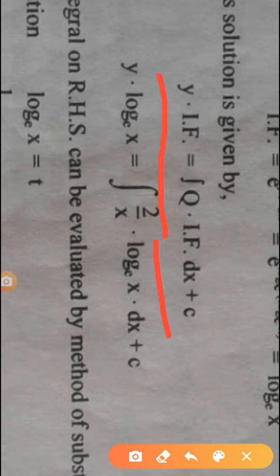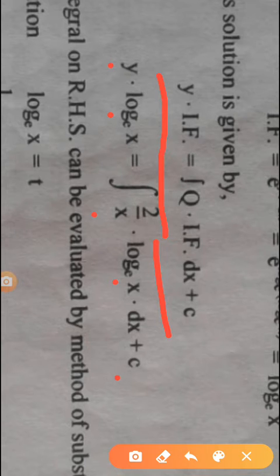Now put this value of integrating factor and q, therefore we will get y as it is, integrating factor log x to the base e, integration, the value of q is 2 divided by x, integrating factor log x to the base e, and plus integrating constant c.